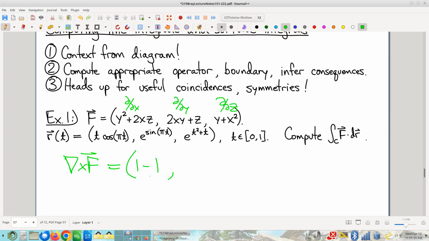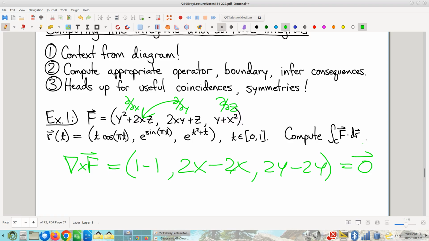Next, I've got to compute the z partial of that, which is 2x, minus the x partial of that, which is 2x, etc., etc. This is just a computation. Lastly, the x partial of that, which is 2y, minus, and then the y partial of this, which is 2y. And sure enough, 0. So that's an eyebrow raiser of a result.